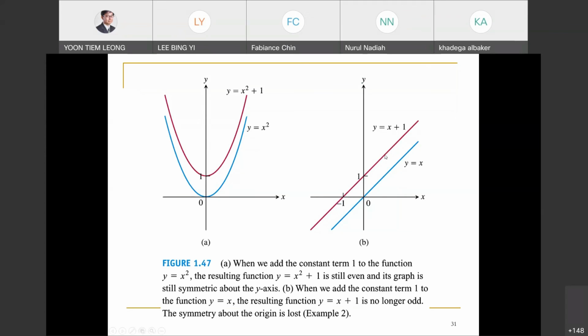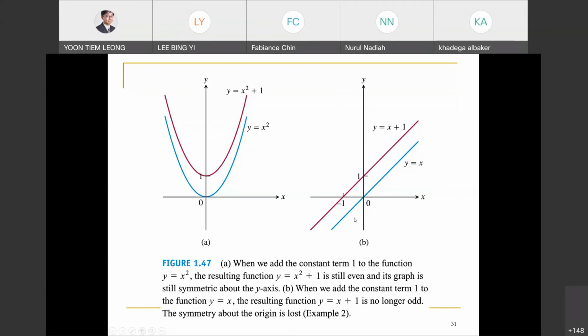A function which is odd would be like this, right? This is an even function, and an odd function. An odd function is anti-symmetrical when it's reflected about the y-axis. So let me see, this is an odd function, okay?